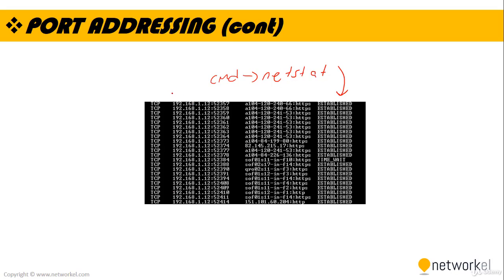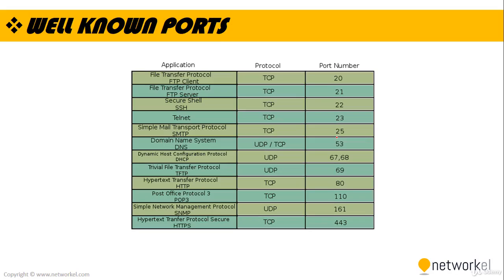As you can see here, these are the source IP addresses, these are the source ports, and these are the destination ports that the user wants to reach. For example, here this user wants to reach port 80 and the communication is established.